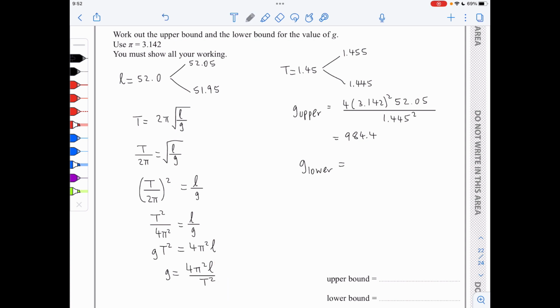So it's going to be 4 times 3.142 squared times 51.95 over 1.455 squared, which gives an answer of 969.0, and therefore we conclude that the upper bound is 984.4 and the lower bound is 969.0.